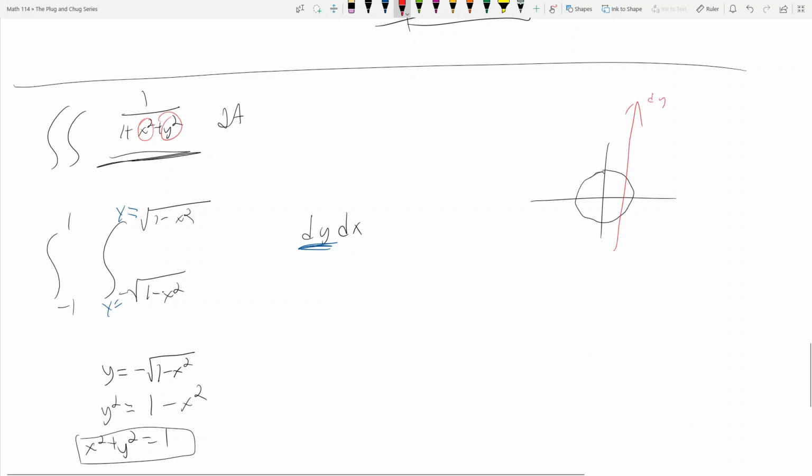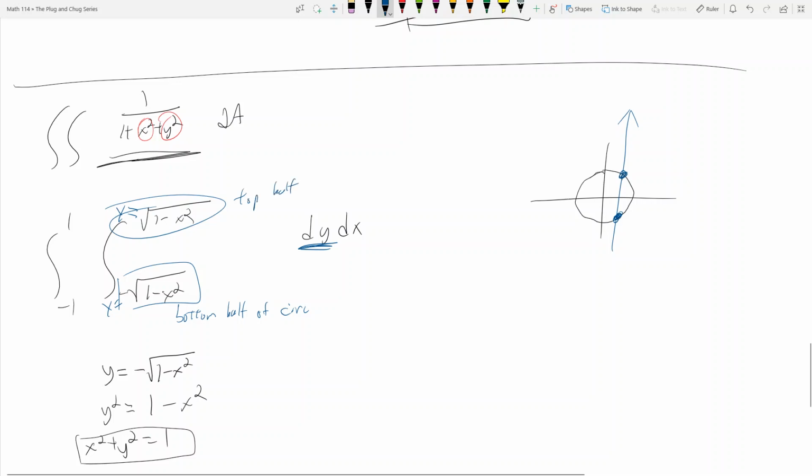Here's an arrow in the direction of y. I'll make it blue because y is the inside integral, right? So y would hit the circle on the bottom and then it hits the circle on the top, right? So this is essentially the bottom half of the circle, and this is the top half of the circle, right? And so that's what's happening over here.